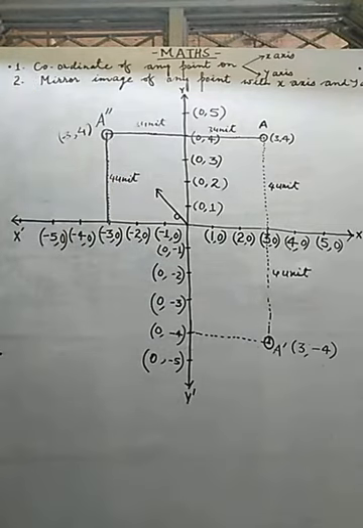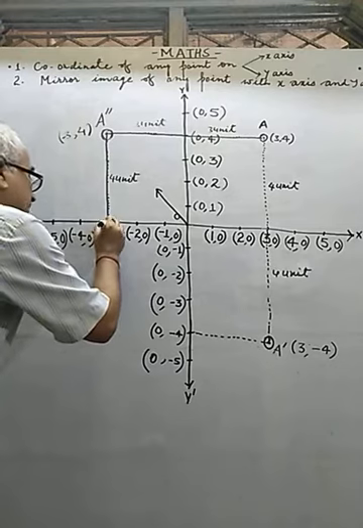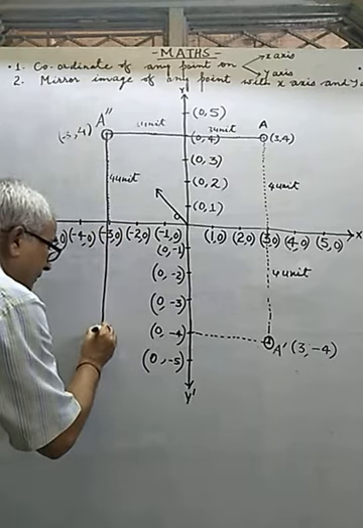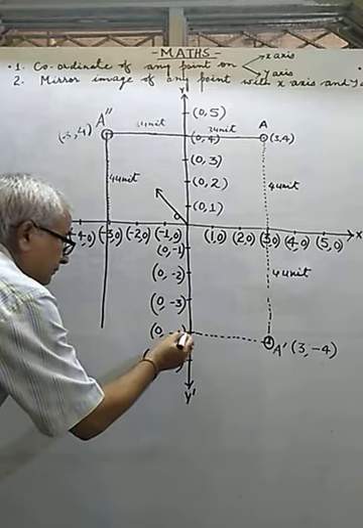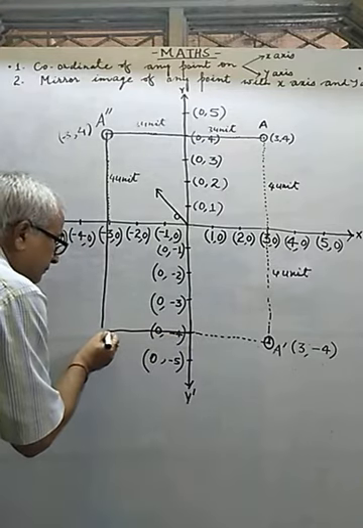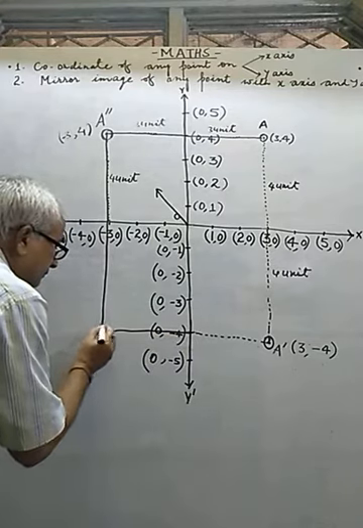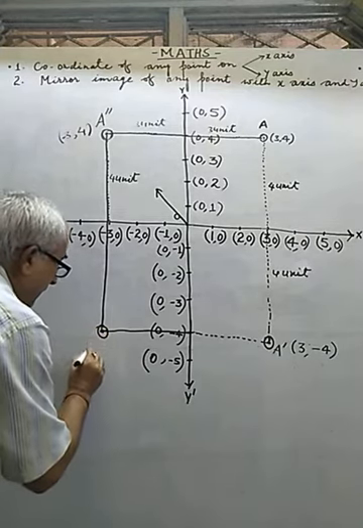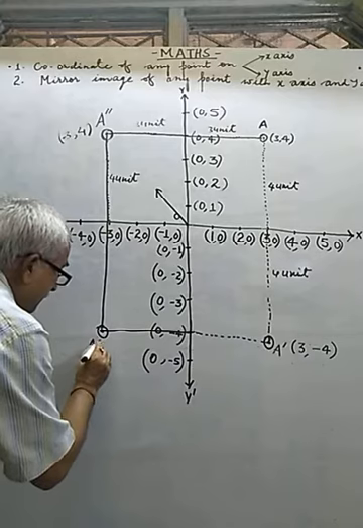Then what will be the condition of the image? The image will also be 4 units away from the mirror, and this will go just 4 units below. And that point's image will be A triple dash.